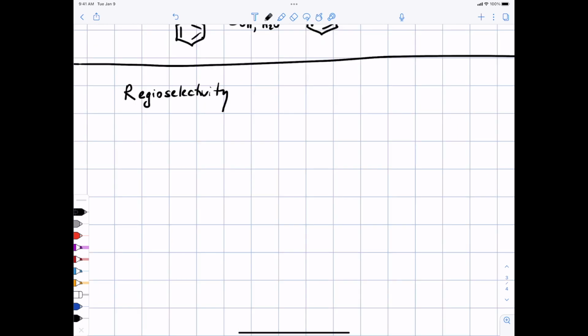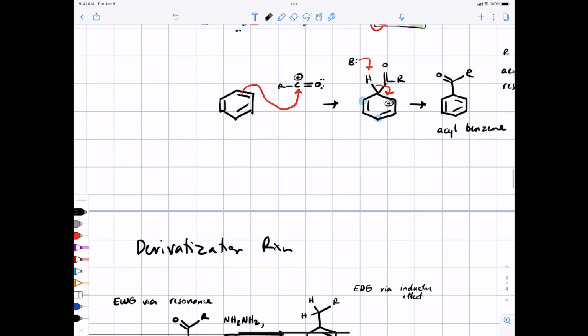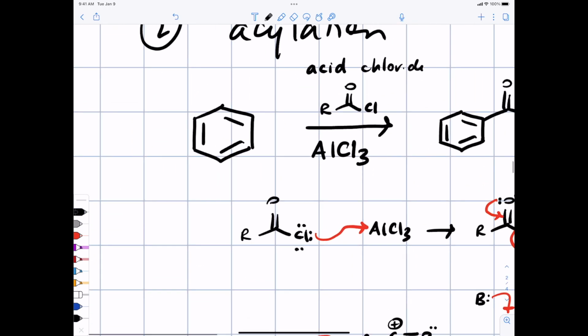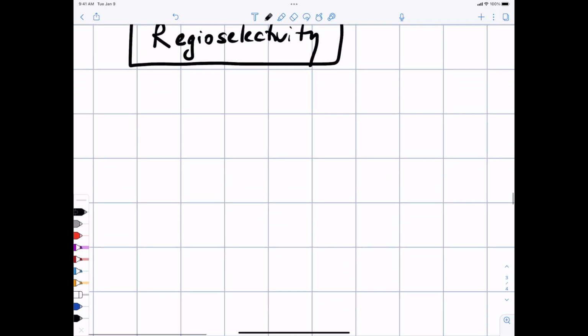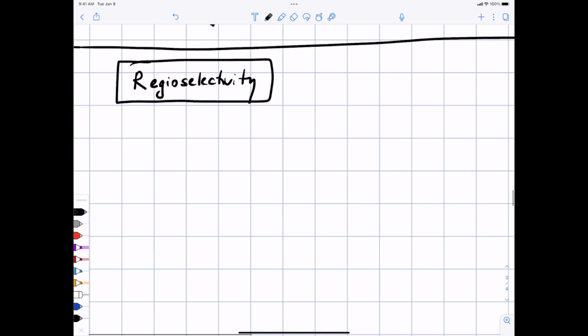All right, so the issue of regioselectivity wasn't an issue before because all of the carbons of benzene are identical. But once you have one or more groups on the benzene ring, that situation changes.